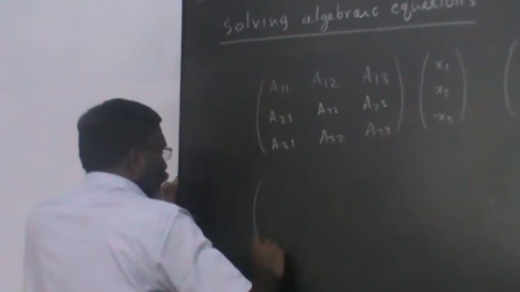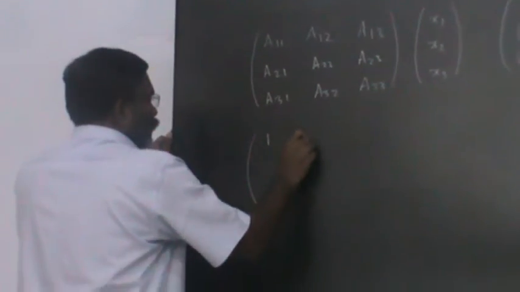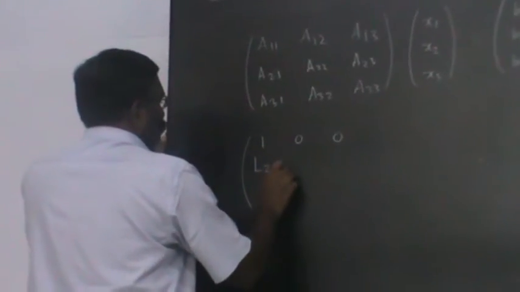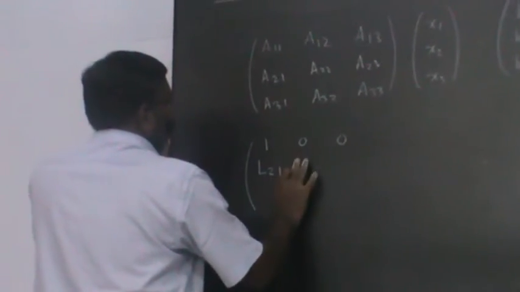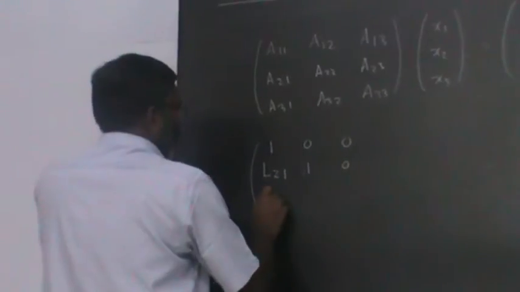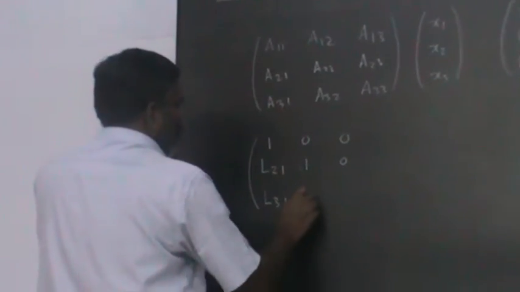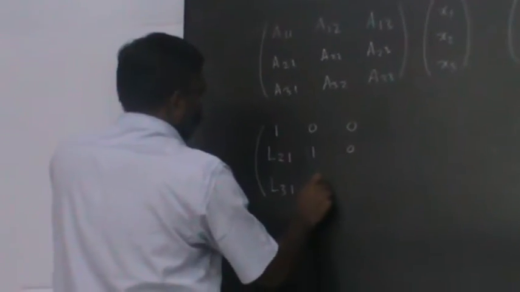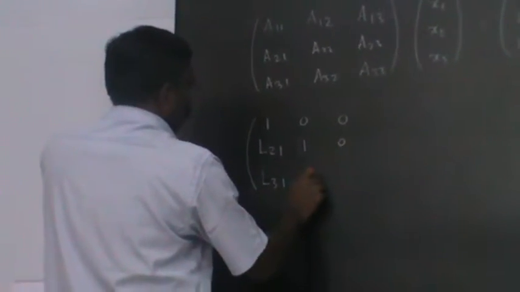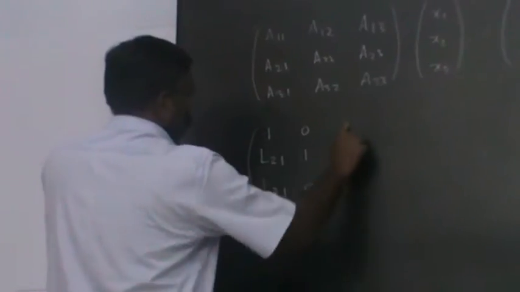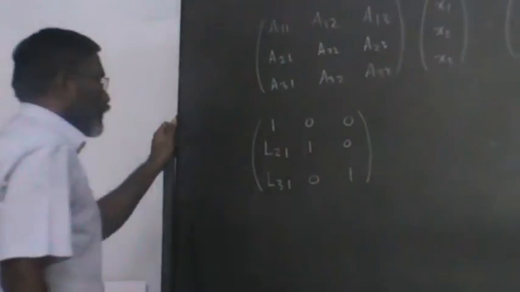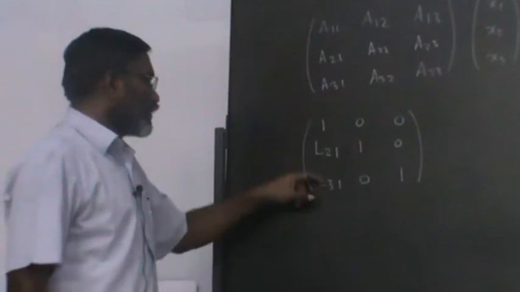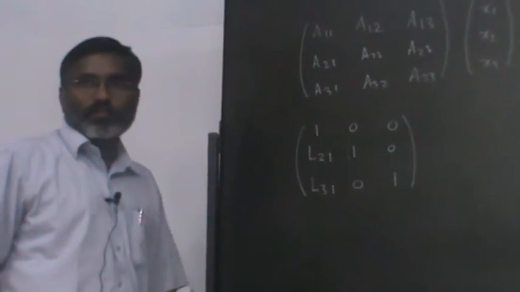I am going to have a matrix which is 1, 0, 0, L21, 1, 0, L31, 0, 1. So I have only the first column. These are 1 and this is the first column. This is a lower triangular matrix.